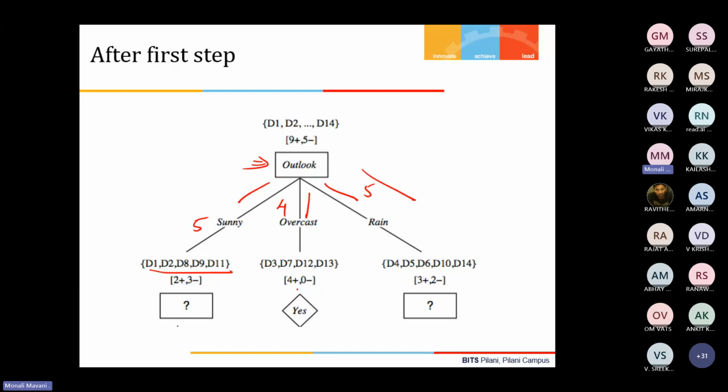In the overcast branch we have reached a pure node, so it's a leaf node. But with the sunny and rain branches we have impure nodes, so I can grow the decision tree from both branches. It's a recursive algorithm, so what we did to identify outlook, we will repeat on both the branches separately.